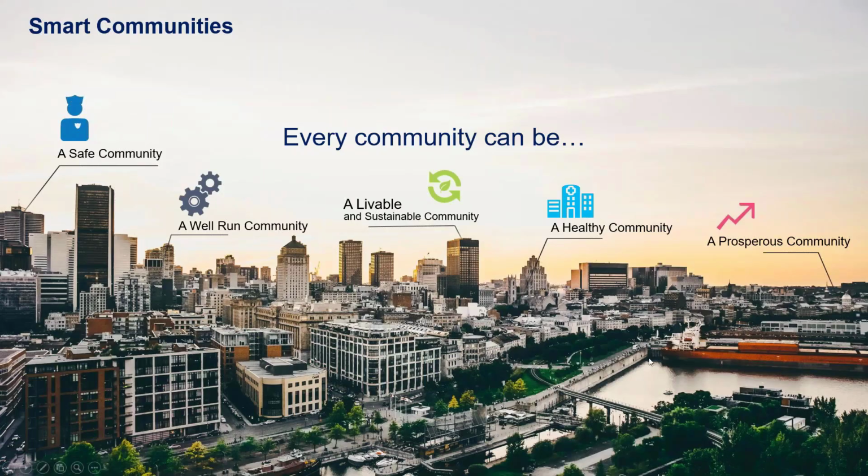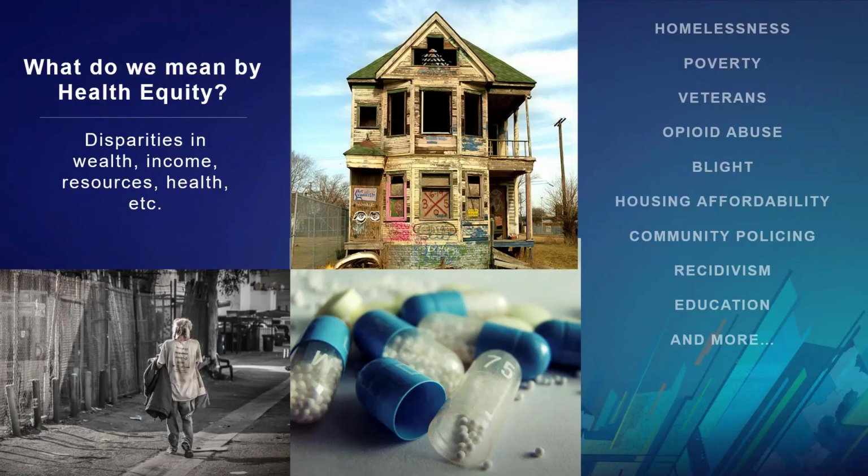All right, so let's get a little background here around health equity. Every community wants to be a smart community, and in order to be a smart community, there are a lot of different components: sustainability, being well-run, economic prosperity, as well as health, which feeds into all of these different aspects of a smart community. And when we talk about health equity, we're looking at the disparities in wealth, income, and resources in health.